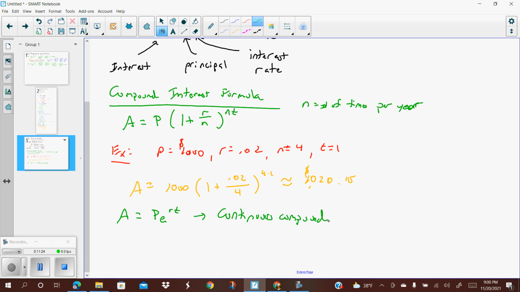So let's see our example here. We are given, once again, the principal is going to be $1,000.